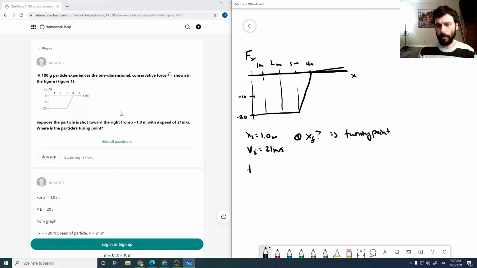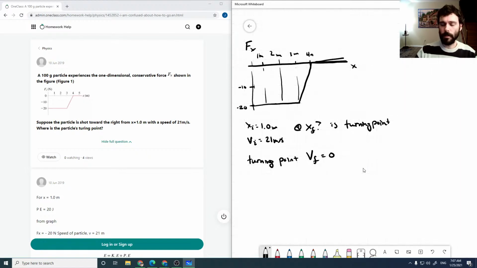So remember, a turning point is where our vf equals 0. We're given a force as a function of distance plot. And so what that always makes me think of is our potential energy. So our dU is minus F dx, or our potential energy can be found from our area.